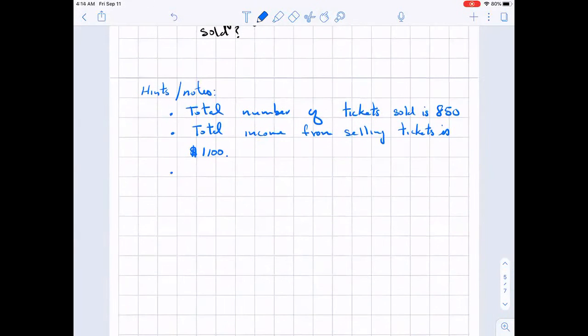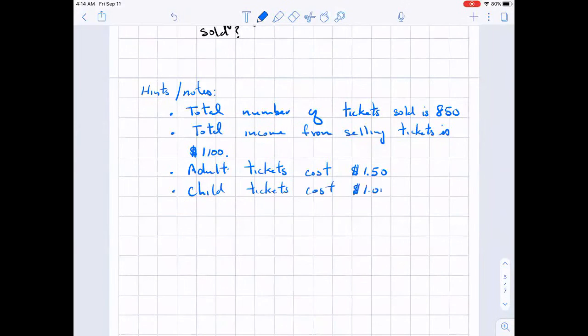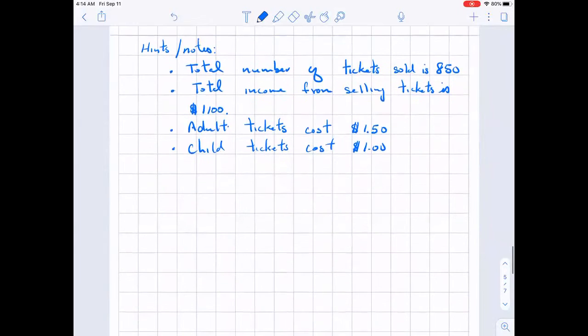We also know that adult tickets cost $1.50. We also know that children tickets cost $1. We do not know how many of each types of tickets are sold.